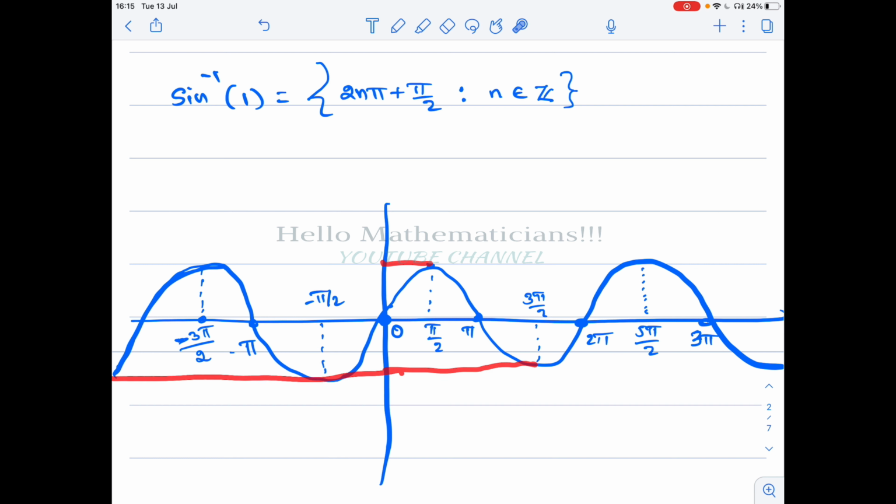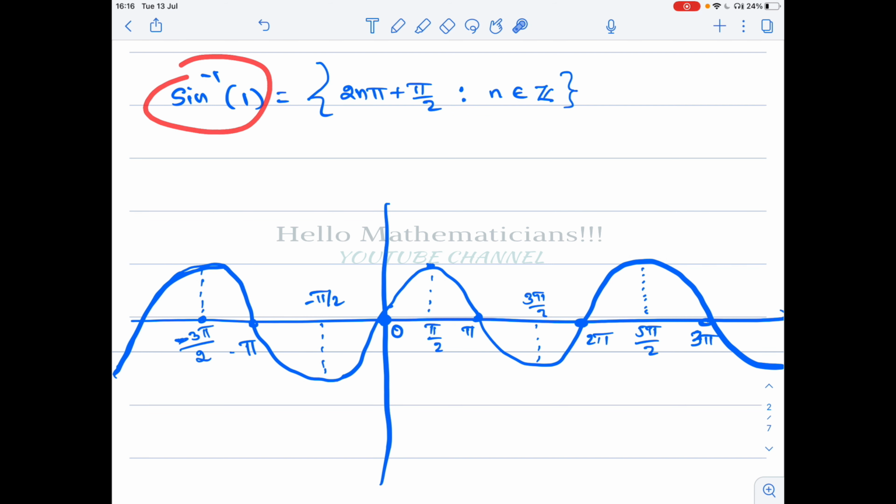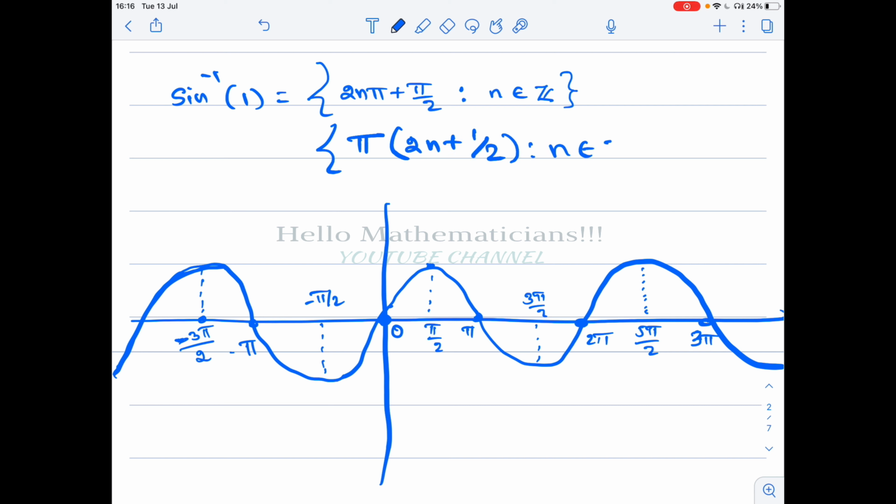The maximum of the sine curve can go up to 1, the minimum is always up to minus 1, and it is a function with period 2 pi. Therefore, sine pi by 2 is 1. If you add 2n pi to pi by 2, at all those values it will be 1. Therefore, sine inverse of 1 equals 2n pi plus pi by 2. If you take pi common, you will get the set of all pi times 2n plus 1 by 2, such that n belongs to Z.